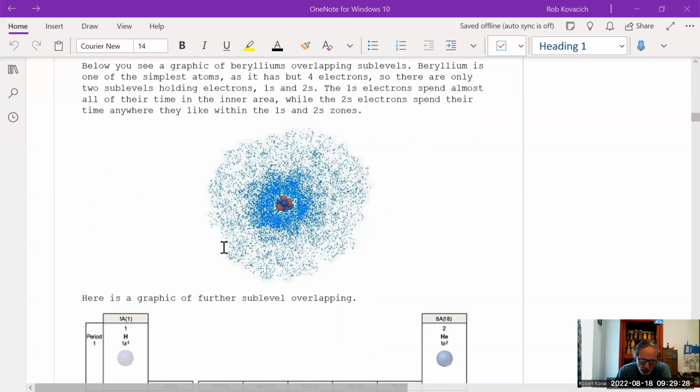They can travel through all of this inner space, going from one side to the other, not just like a shell exterior, which is why chemists don't really like to use the term shell, because it makes it sound like there's a volume where they spend time. It's the entire section. That whole sphere is accessible to the electrons in the 2s sublevel.